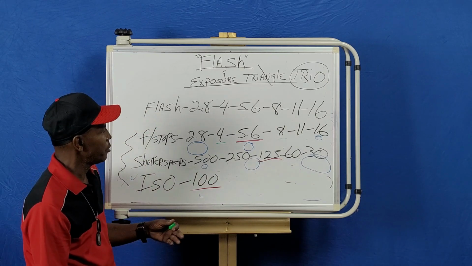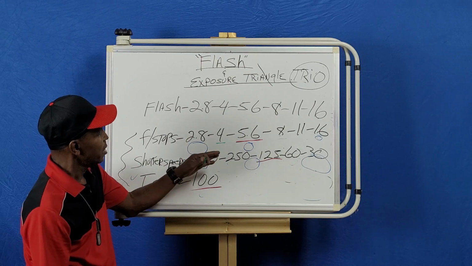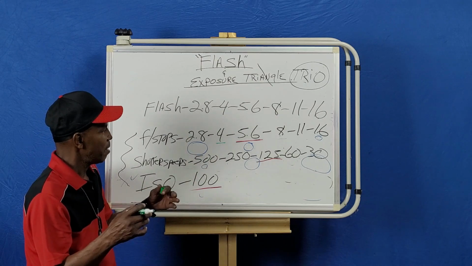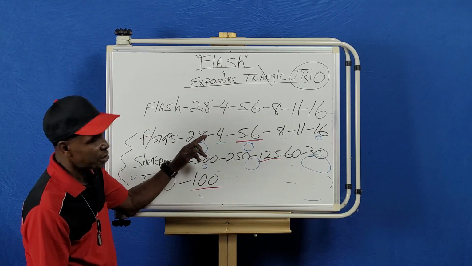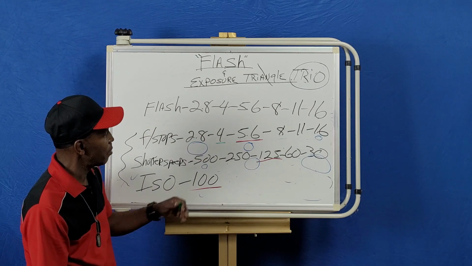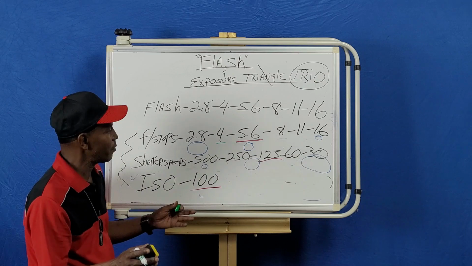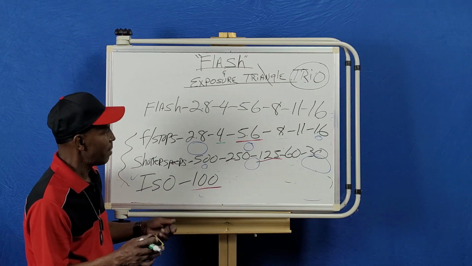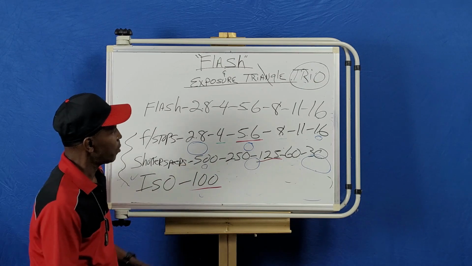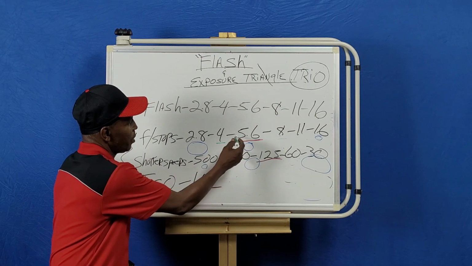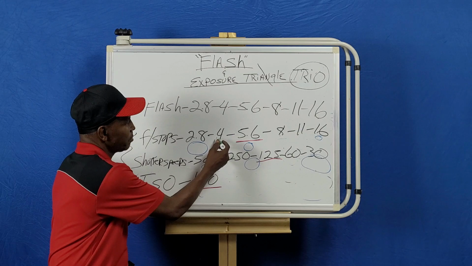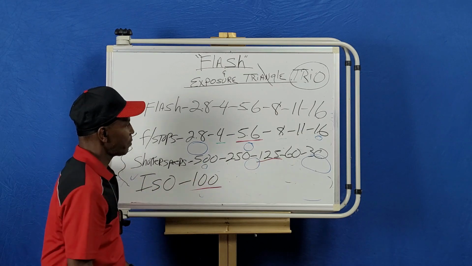You put it on manual, you change it, but you decide, okay, I like the picture. It looks like a proper exposure, but I want to get a shallow depth of field or the background to go out of focus for whatever reason. So you can do that. You're on manual, so you change it to f4. So now you're at f5.6, and here you went one stop to f4.